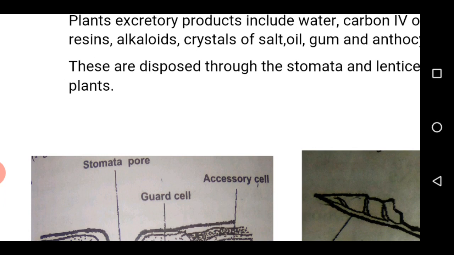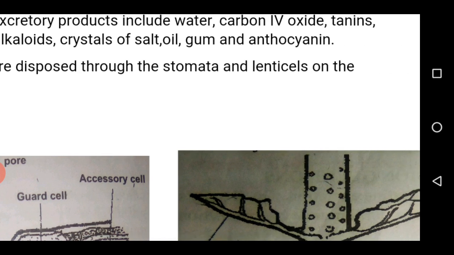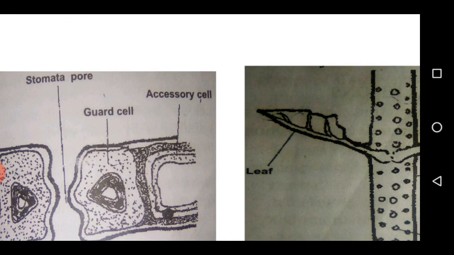Don't forget, we have mentioned that there are two major openings in plants. That is the stomata on the surface of the leaf and lenticels on the surface of the stem. These two organs are very much responsible for removal of waste products in plants.